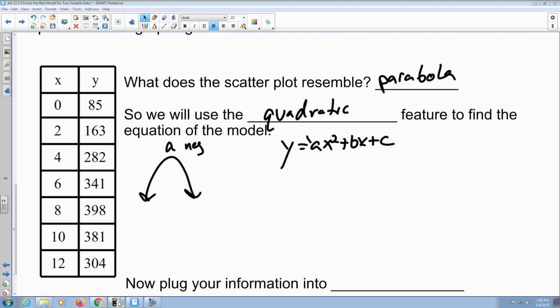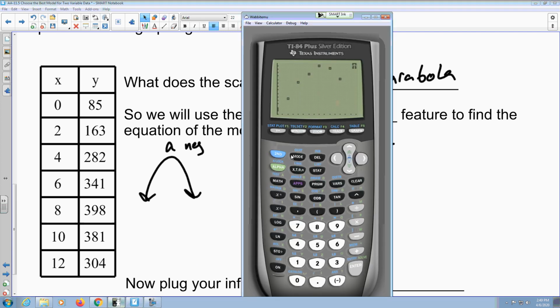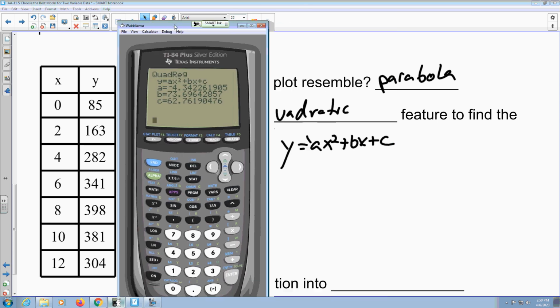So plugging this in, second quit, go to stat, let's calculate it. Let's try to find quadratic. So it looks like it's right here. So now I go L1, comma, L2, hit enter. And so now we got values of A, B, and C. So now my equation is going to be, let's see if I can move this over.